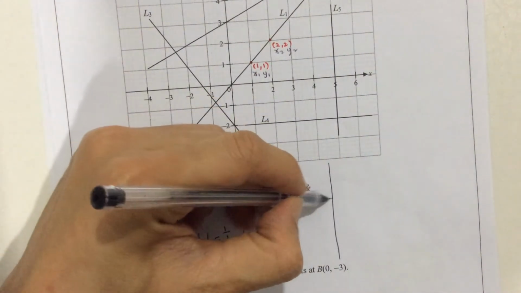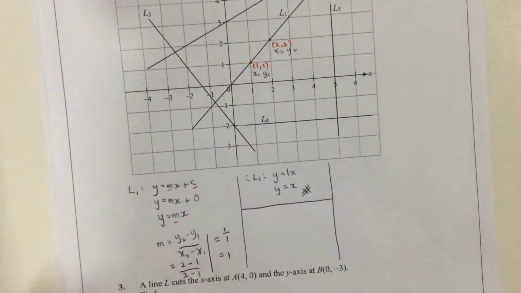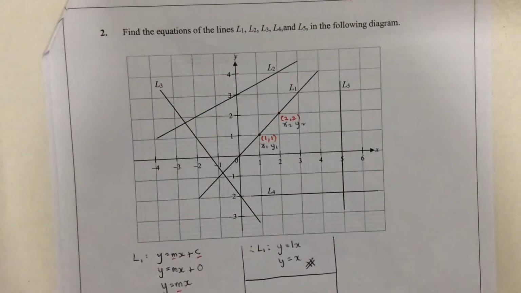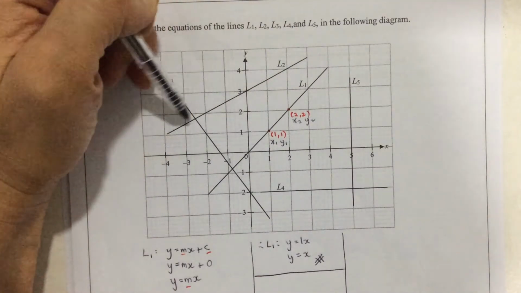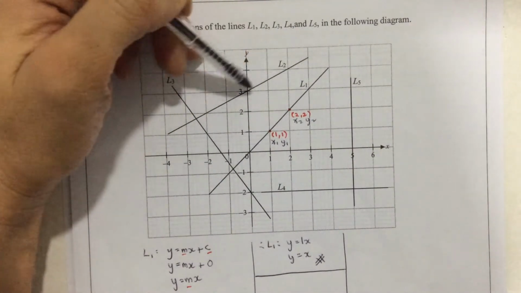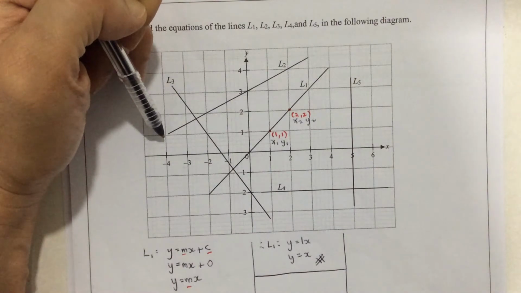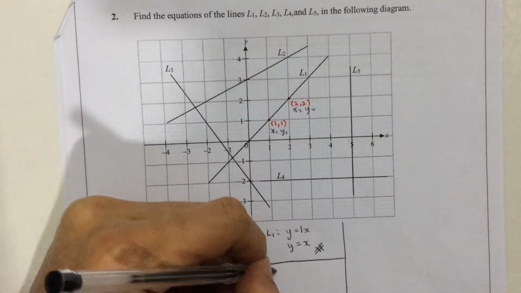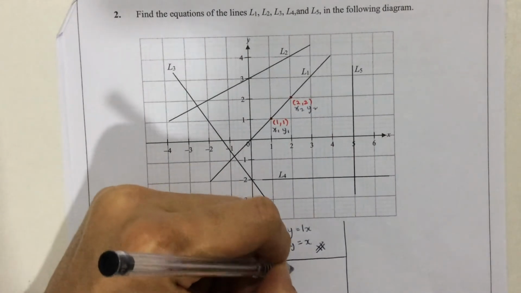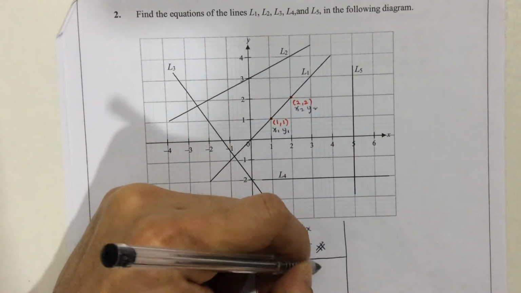Okay, for line 2, we have another line going here, and again it will follow the equation y equals mx plus c. So line 2 will have this form y equals mx plus c.